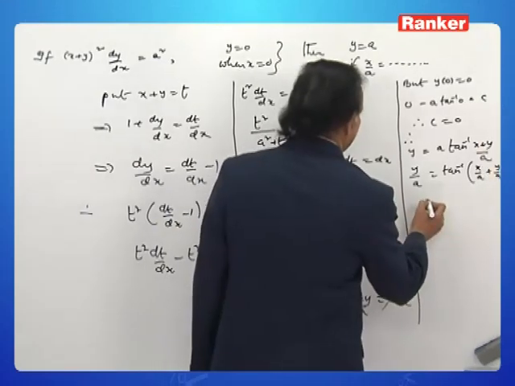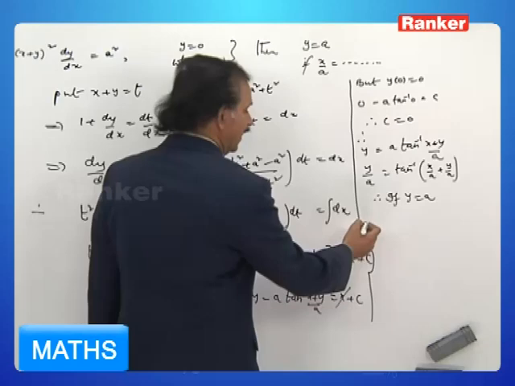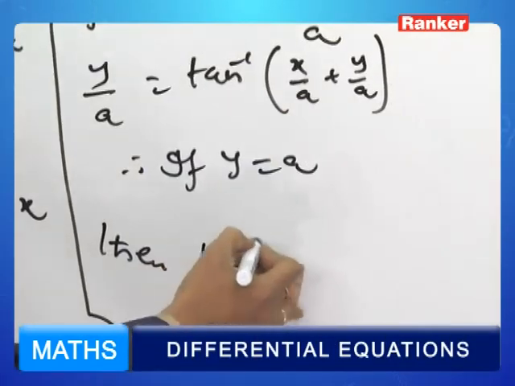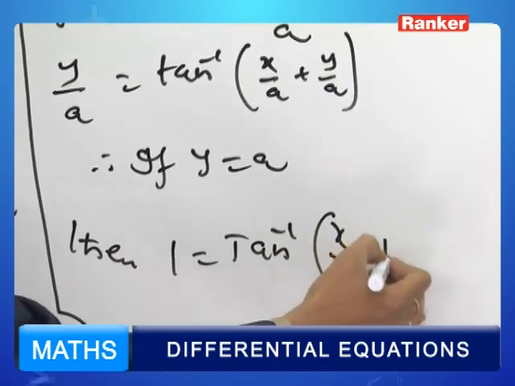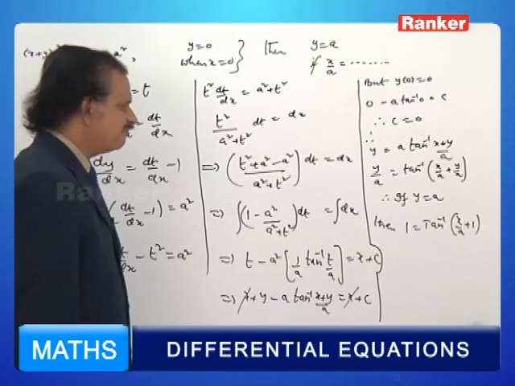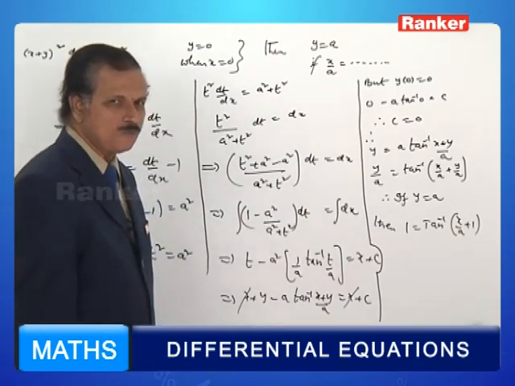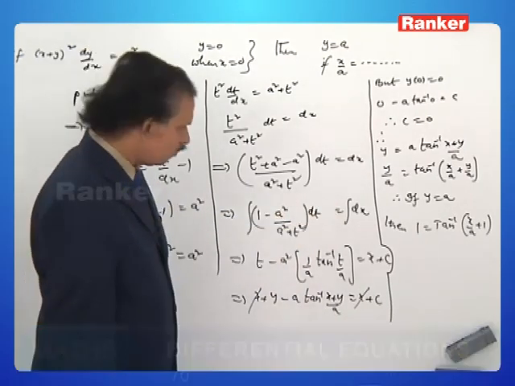Therefore, if y is equal to a, then a by a is 1. 1 is equal to tan inverse of (x by a plus 1). You can see, we can very easily look at, therefore inverse tan of (x by a plus 1) is 1.